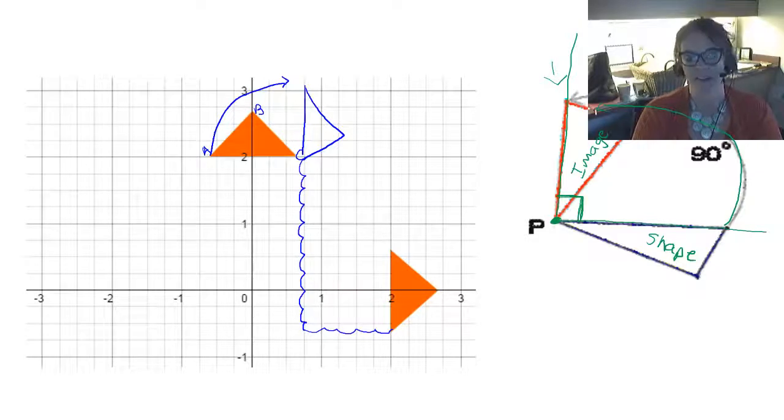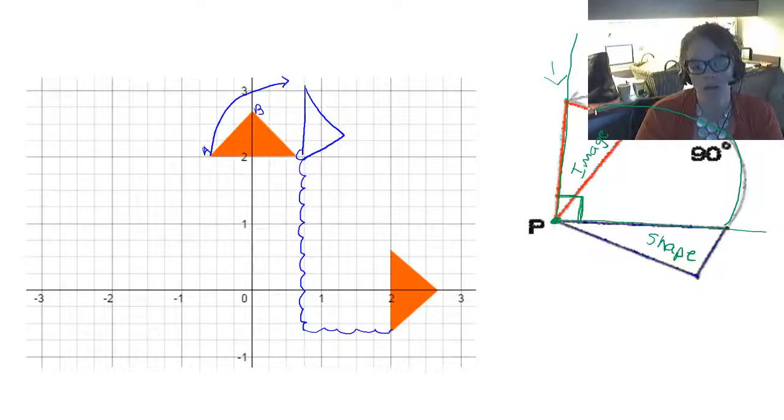Nice square corner in there. So that's 90 degrees. So they took that shape and they twisted it 90 degrees. So you can do that with a pin on point P on one of those vertexes. So if your vertex doesn't move, you can spin that shape whatever direction you want all day long.